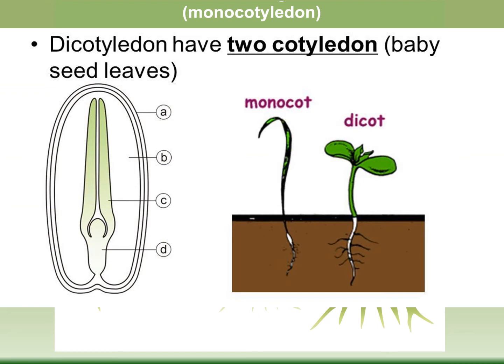Dicots are going to have two, and they're going to sprout out. Once they sprout, you can see that the monocot has this single shoot with this single leaf, and the dicot has two.